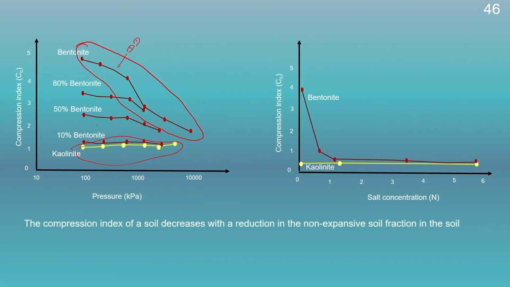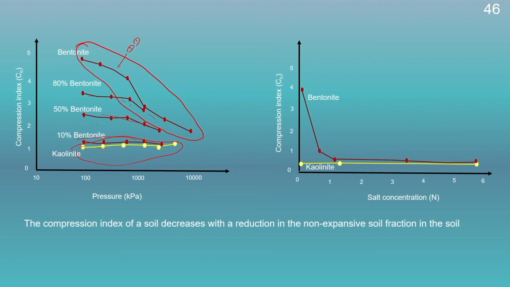Now, if we add non-expansive soil to bentonite or to an expansive soil, then the compressibility of the soil keeps on decreasing over here, and it becomes almost identical at very low amount of expansive soil content.